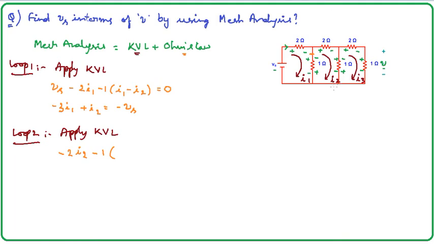And for this 1 ohm resistor, again the positive terminal comes, so I consider minus, and it will be 1 into I2 minus I1, which is equal to 0.